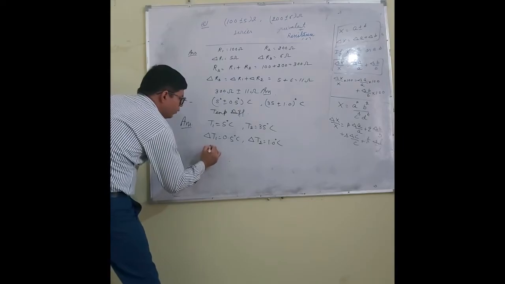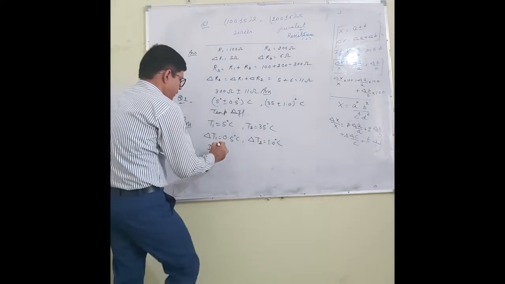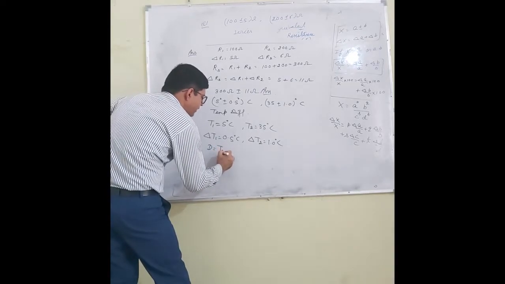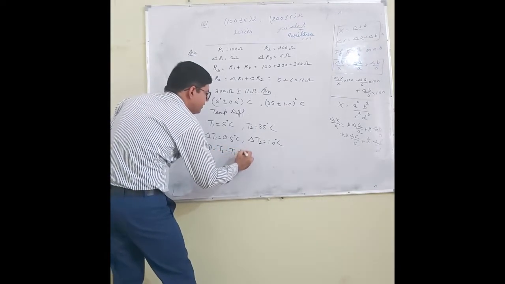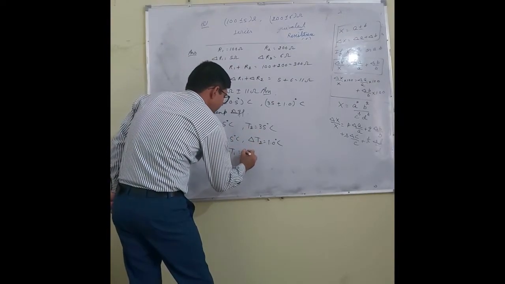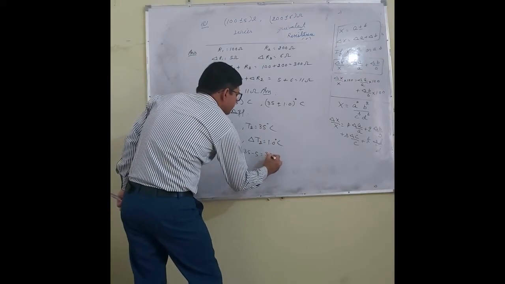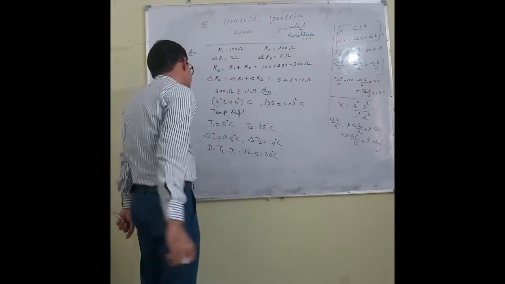Now what do I have to calculate? The temperature difference. Let D represent the temperature difference; it equals final temperature minus initial temperature. Final is 35 degrees Celsius, initial is 5 degrees Celsius. So the answer is 30 degrees Celsius.